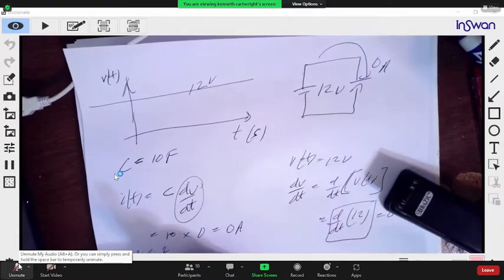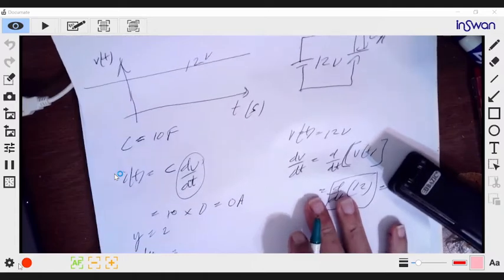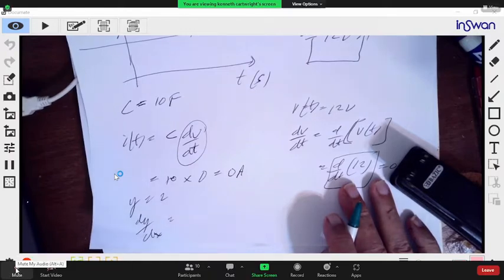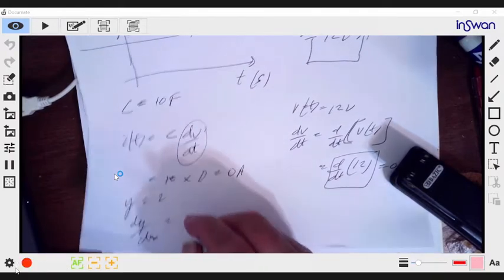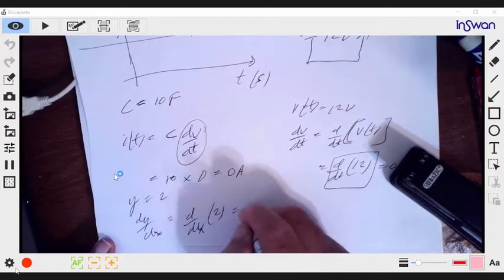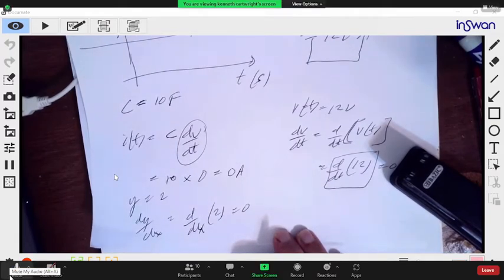What's dy/dx? Yes. Why? Because this is d/dx of 2, the derivative of a constant, zero. So if you all need to review your calculus, you better review your calculus. This is a calculus-based class.